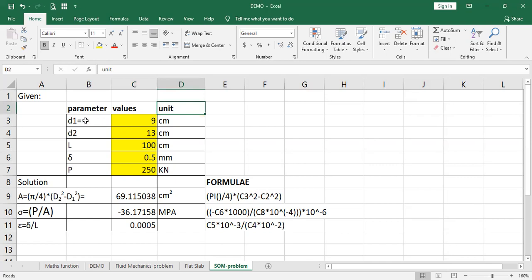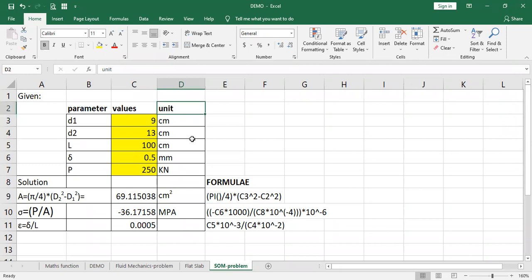Okay, so what are the parameters? D1 is a parameter. I don't need the equals to here, you can just understand. So D1, the value of diameter. There are two diameters, so instead of writing only D, I have written D1 and D2. Diameter 1 is 9 centimeter, diameter 2 is 13 centimeter.